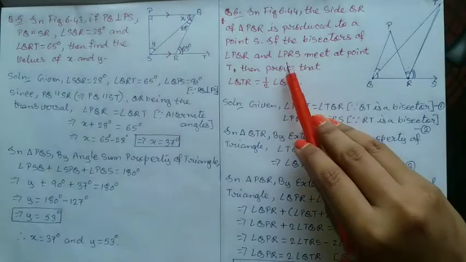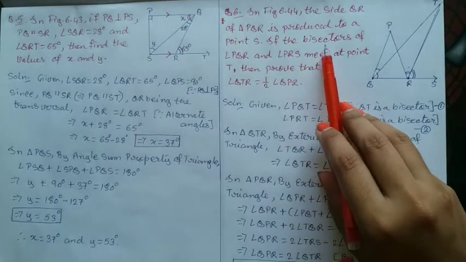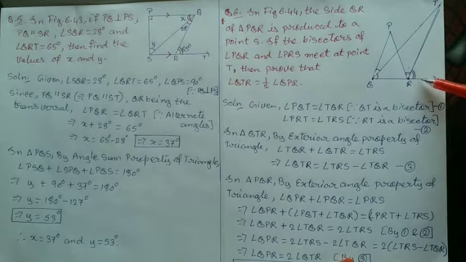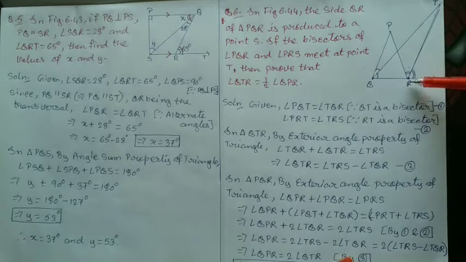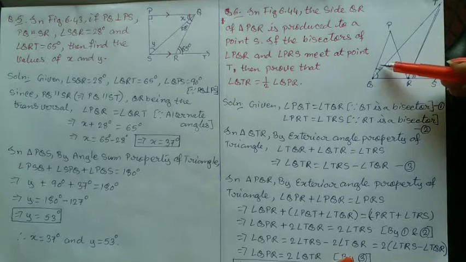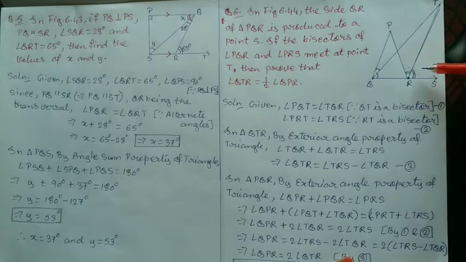Another angle PRS is also bisected. This full angle PRS is also bisected by the bisector RT. So this angle is equal to this angle. Clear? So these two are equal, these two are equal. We have marked it separately.